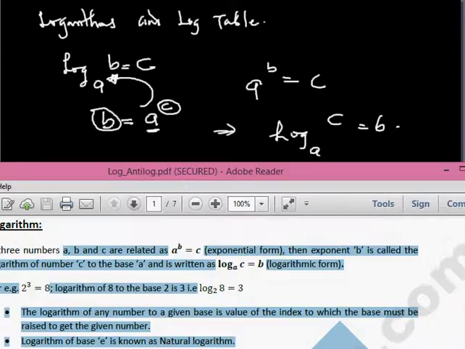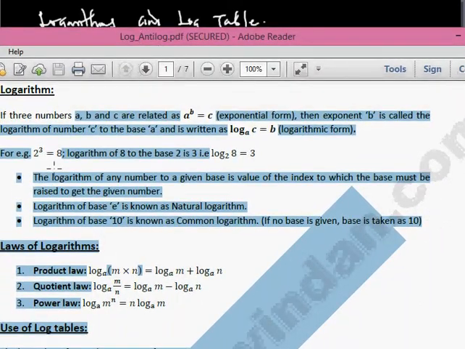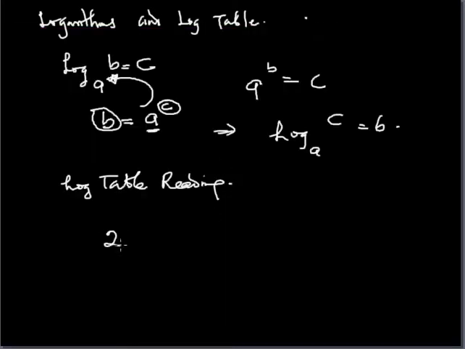Now let's look at these two other rules. If you have 2 raised to power 3 is equals to 8, do you know you can as well write this as log 2, 8 is equals to 3.